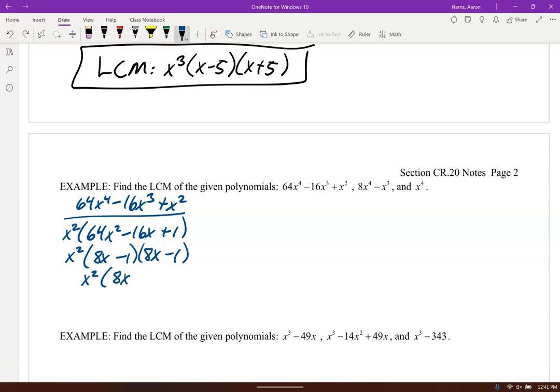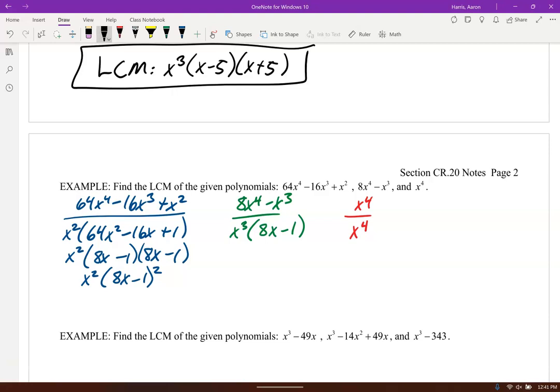There's that one completely factored. The next one, 8x to the 4th minus x cubed. I can take an x cubed out of that, and I have 8x minus 1. That's totally factored there. This last one is just x to the 4th. Well, that's already factored.